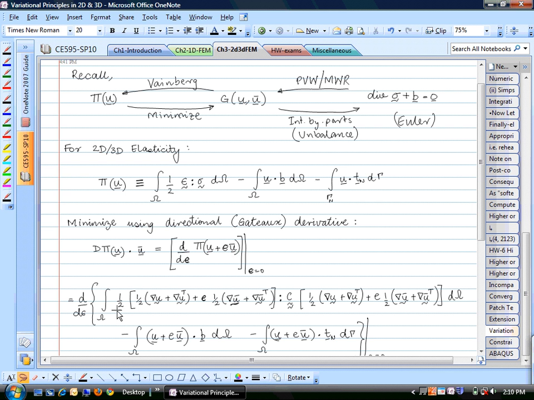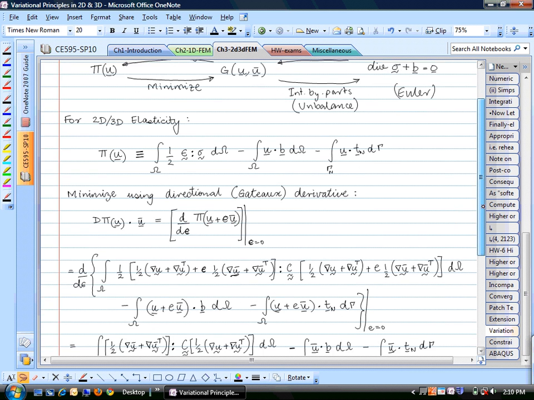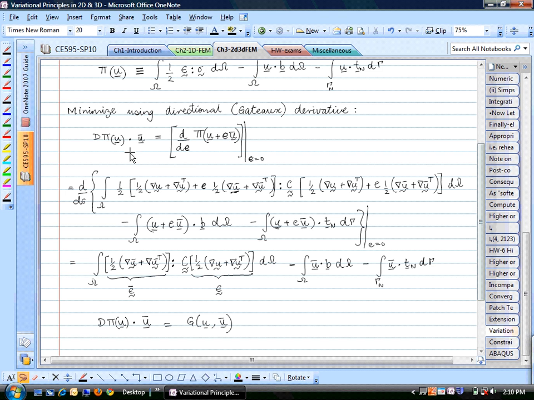So then all that we have to do is to expand it out, take the derivative with respect to E, and finally set it to 0. You have to take the derivative before you set it to 0, right? And then when you do that, you will get this type of a formula. And if you notice, this is the virtual strain, epsilon bar.